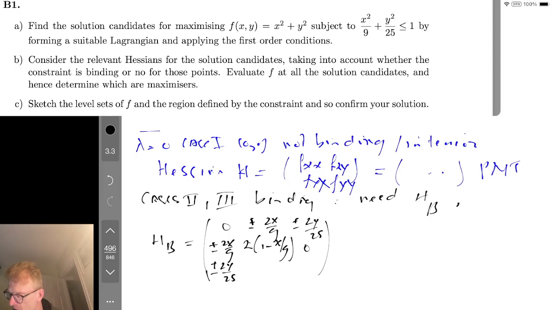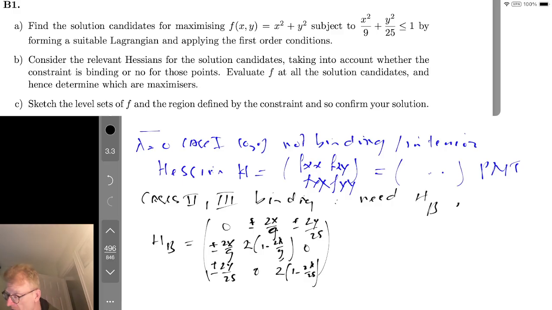This gives us 0 because there are no cross derivatives. This is 2, this is lambda, right? Not x. Oh, that's a bit dangerous. This is minus 2 lambda over 9. This is 2 minus 2 lambda over 25.